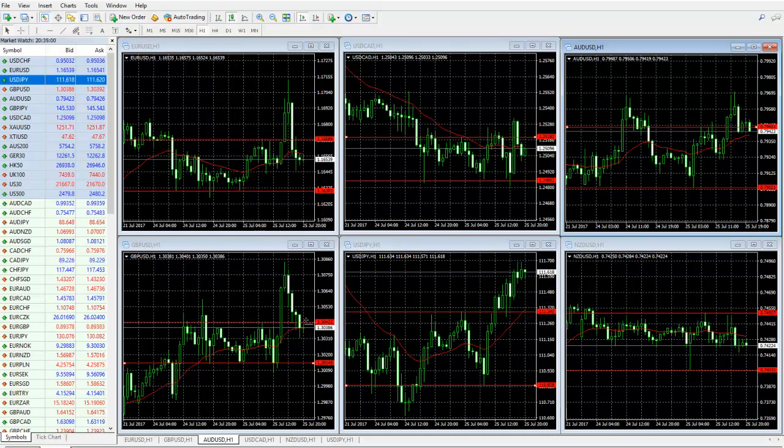All right, when it's a sideways market like in this case with New Zealand, you see it's just going sideways. Obviously it's not a very good time to enter, and there are a lot of range strategies, but we are not going to that side now.